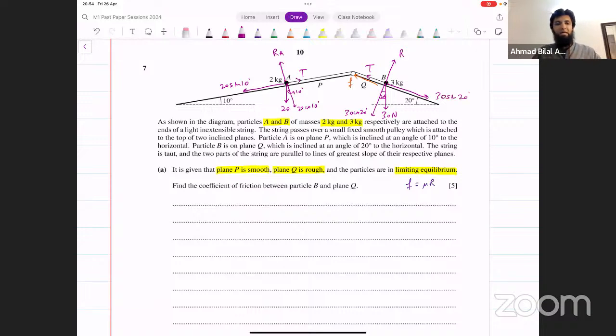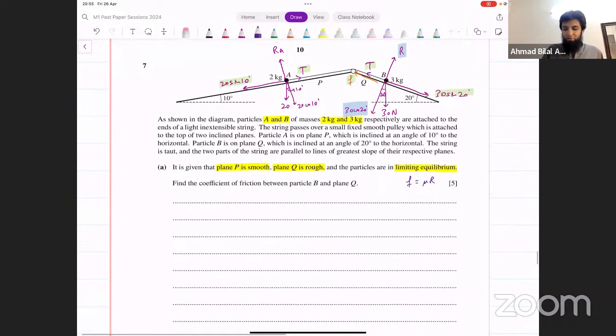Now, since it's limiting equilibrium, we just have to equate the opposite forces. That means 20 sin theta should equal T. R_A should equal 20 cos 10, although we don't need to use that. Let's leave it here. 30 cos 20 equals R, and T plus F equals 30 sin 20.